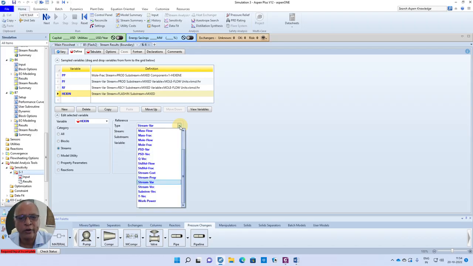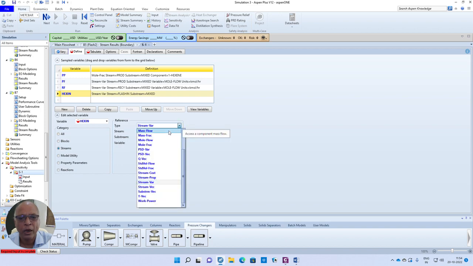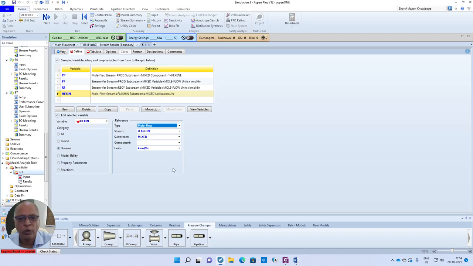We wanted to identify the mole flow of hexene. Selecting this as all. Maybe mole flow in flash in with respect to hexene. So this is going to represent the amount of hexene entering into the flash column.